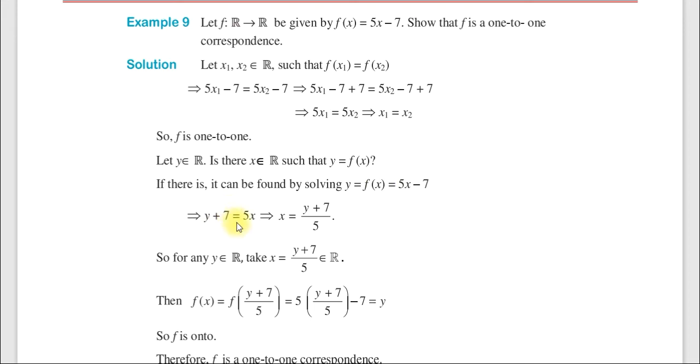Then y plus 7 is equal to 5x, which implies that x is equal to (y plus 7) over 5. So for any y an element of R, take x equal to (y plus 7) over 5, which is an element of the real numbers. Then f of x is equal to f of (y plus 7) over 5, which is equal to 5 times (y plus 7) over 5 minus 7, which is equal to y.